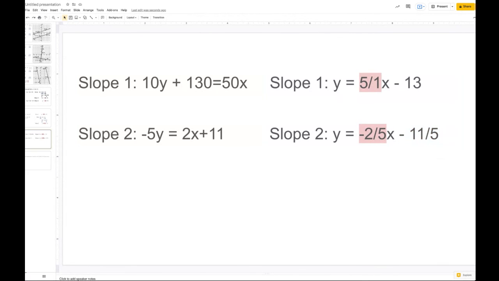So here is the last one before we go to our work session. What is the answer for this one? Are they parallel, perpendicular, or neither?